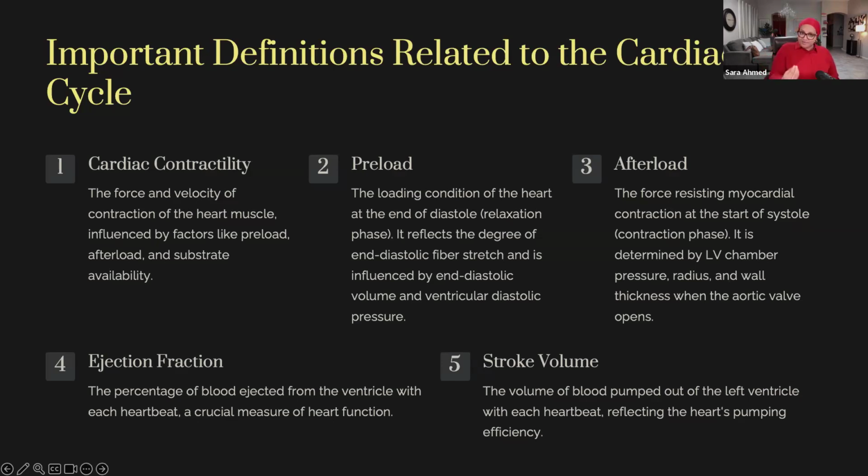So substrate availability is basically talking about how good your coronary arteries are in delivering these essential nutrients. If this delivery process is adequate, your heart can overcome whatever it needs to and function properly without any dysfunction.